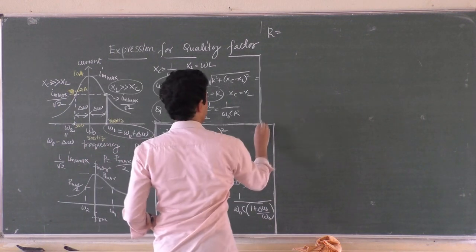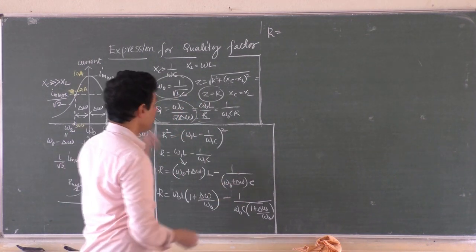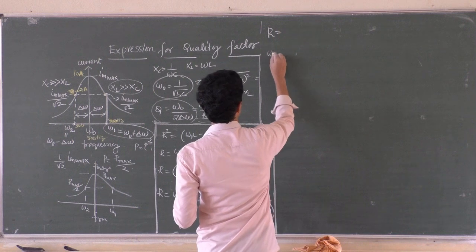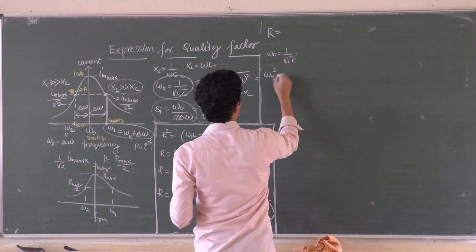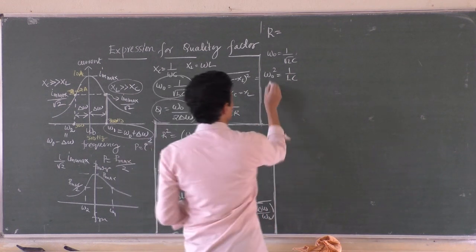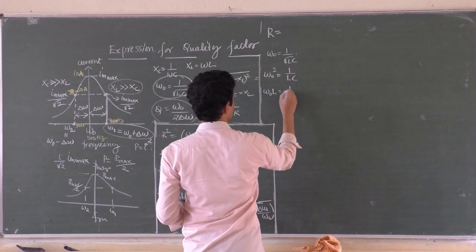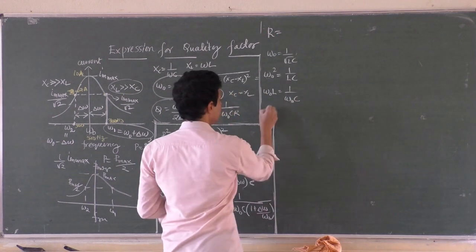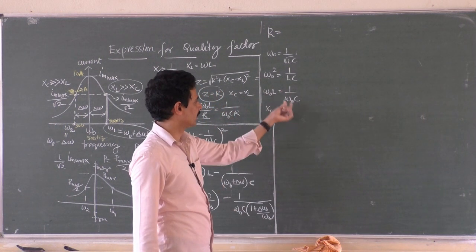You know that omega naught is equal to 1 by root LC, the resonant frequency. If omega naught is 1 by root LC, square it, omega naught square is 1 by LC. You bring one omega here, one omega here. Omega naught L is equal to 1 by omega naught C. It is simply XL is equal to XC. That is what is at resonance.